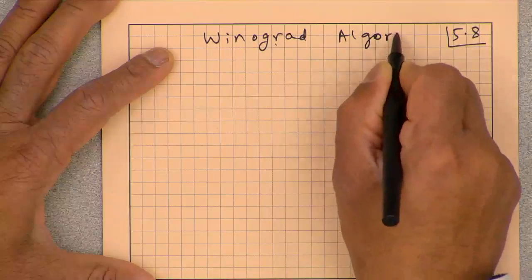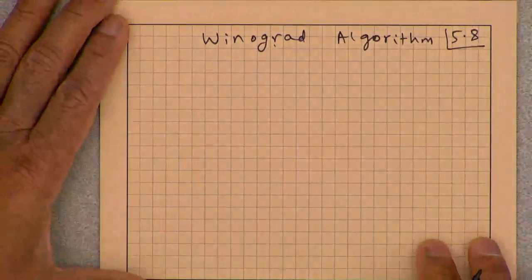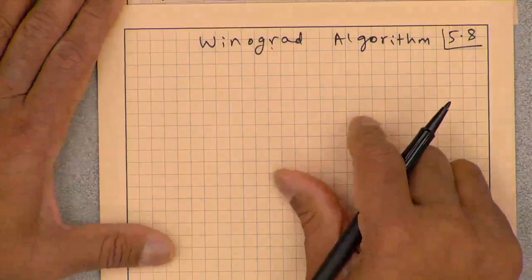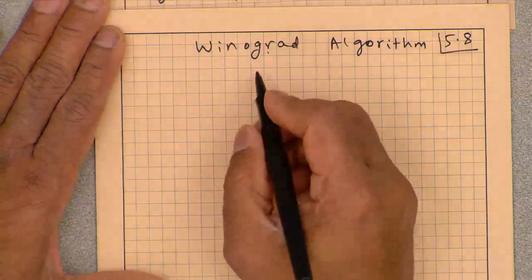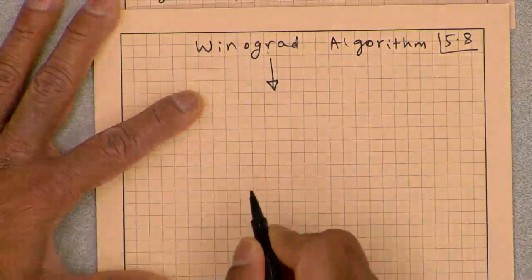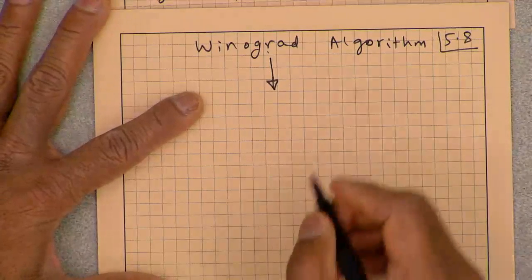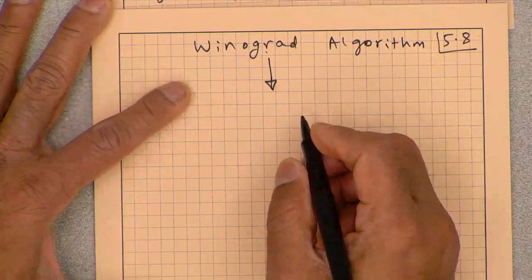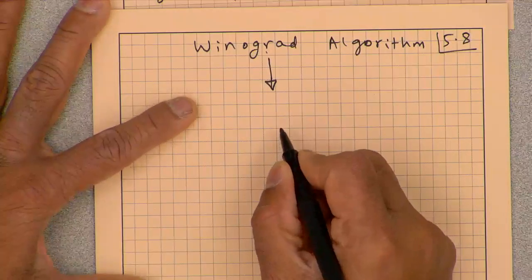But before we talk about the Winograd fast convolution algorithm, just like to understand the so-called Cook-Toom algorithm, we have to understand what is Lagrange interpolation, because that's the foundation of the Cook-Toom algorithm.